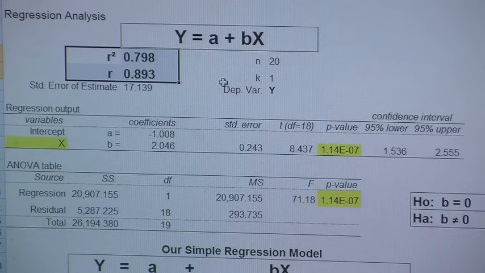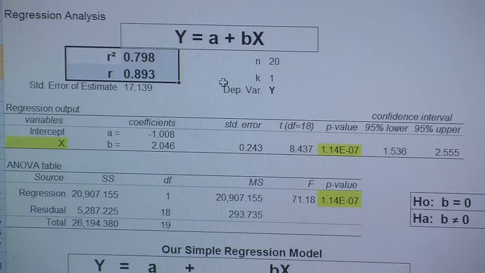When you have an r value that's as close to 1 as we have here, r equals 0.893, not only do we conclude that the two variables are strongly correlated with one another, we also conclude that our x variable, our predictor variable, our independent variable, does a really, really good job of predicting y, our dependent variable or our predicted variable.